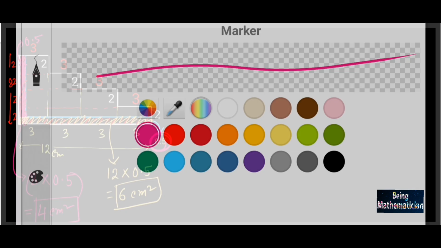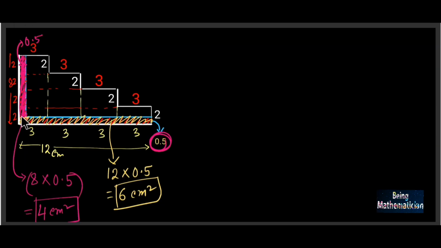Now it is obvious that this part is taken twice in both of the cases, right? So we have to calculate this part and subtract it from the sum of this and this. So the area of this part is 0.5 into 0.5, because this is 0.5 and this is a square, so it is 0.25 centimeter square.